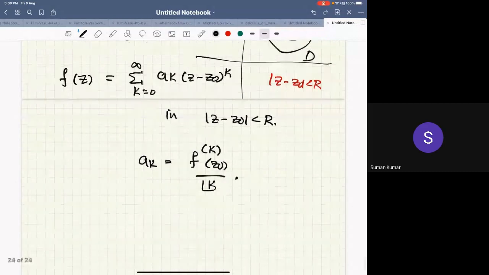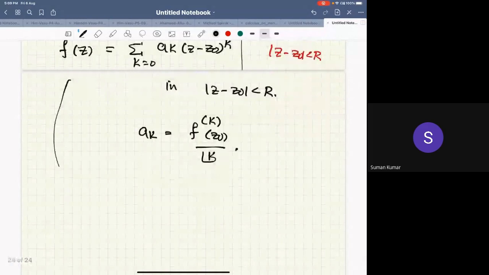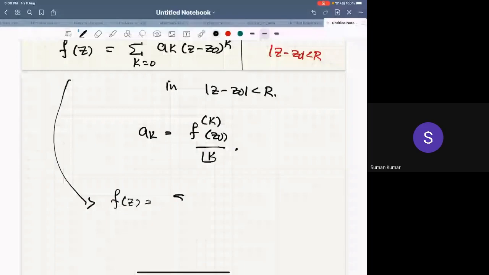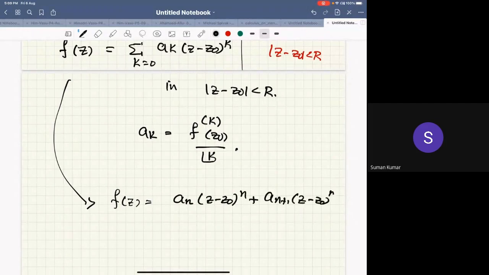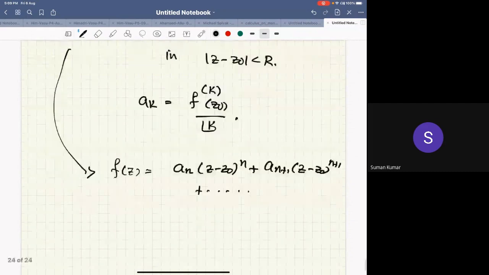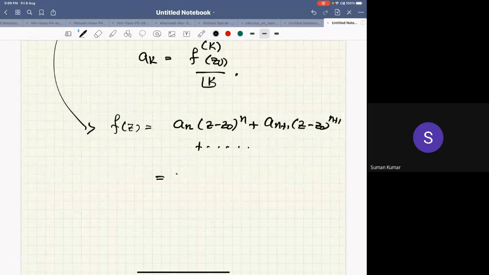Therefore, this series I can write f of z as a n into z minus z0 whole to the power of n plus a n plus 1 into z minus z0 whole to the power of n plus 1 and so on. Here I am taking z minus z0 whole to the power of n common.